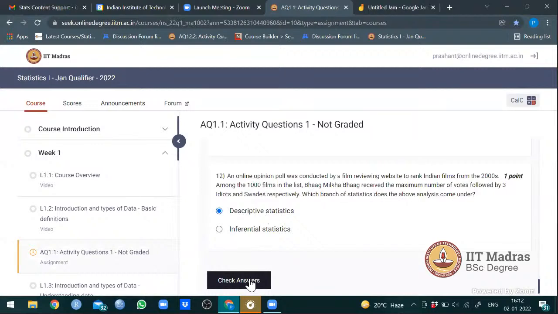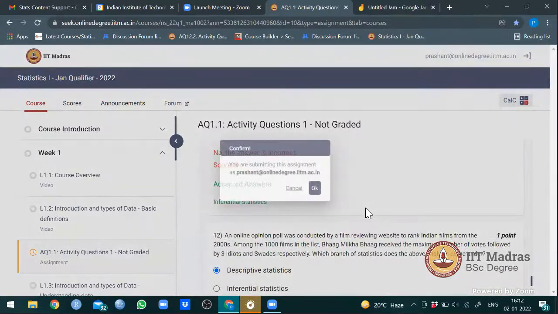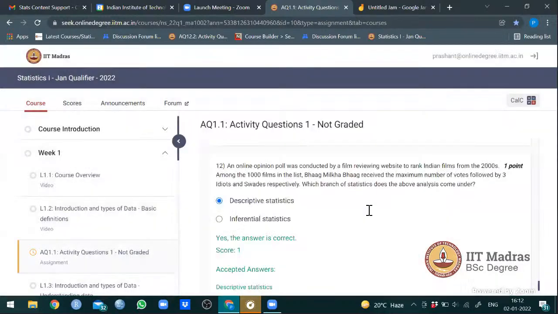Sir, I want to understand this line. Rank Indian film from the 2000s. Sir, what is the meaning of 2000 here? From the 2000, I think 2000 movies. Sir, I'm confused. Is it about years? Yeah, it's about 2000s movies.